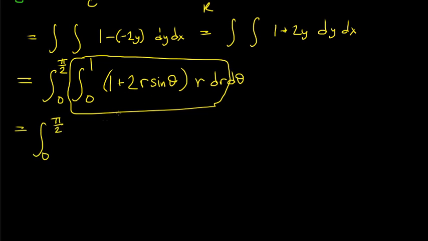So when you integrate with respect to r, don't forget to distribute the r here. So the integrand is r plus 2r squared sine theta, dr d theta.